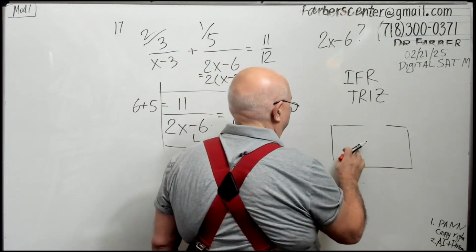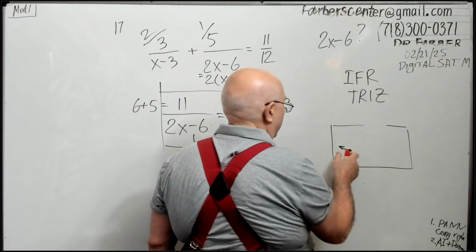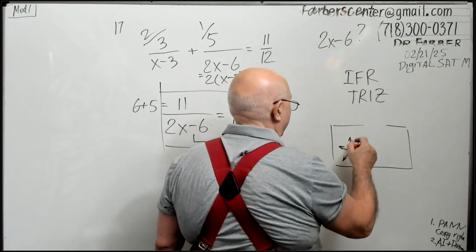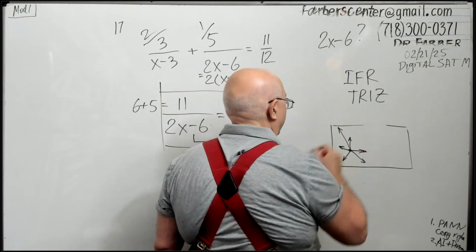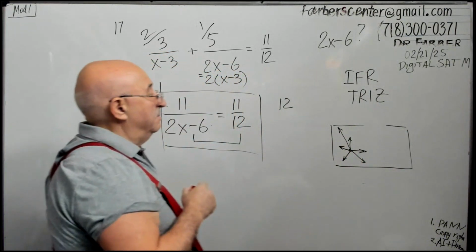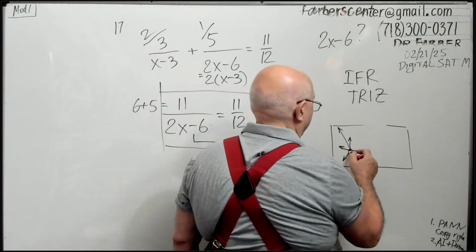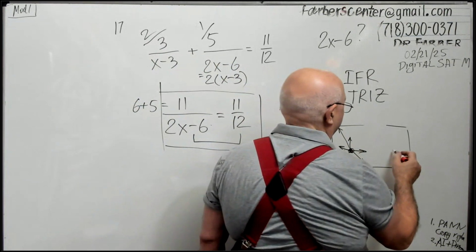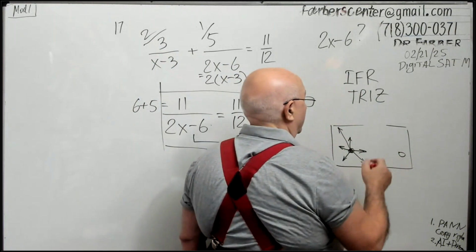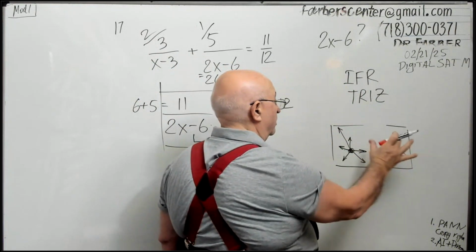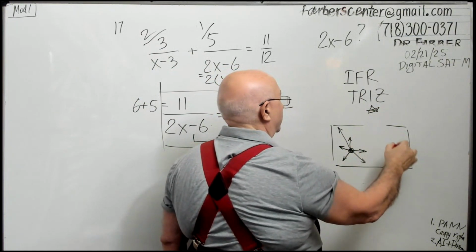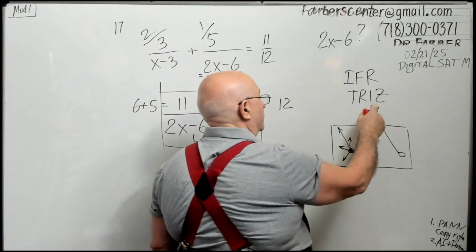In panic, it runs this way, or this way, or this way, and all these vectors run without thinking. With TRIZ, this is you, the smart student. You look first, before starting to move, where your goal is. This is your star, this is your target. You make this line. The ideal final result goes this way.